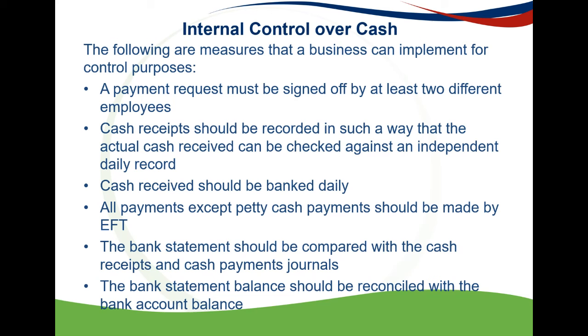So if there are 2 people, the risk of that unauthorized payment going through is so much smaller, except if those 2 people work together. Then yes, that's going to be a problem. But if they are individual staff members that must approve the payments, then at least you have covered the risk that there can be an unauthorized payment.